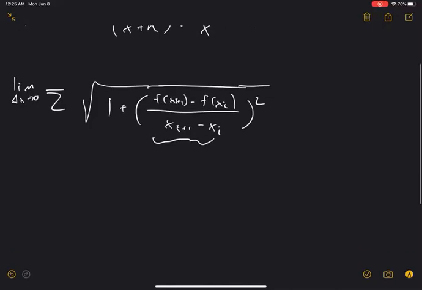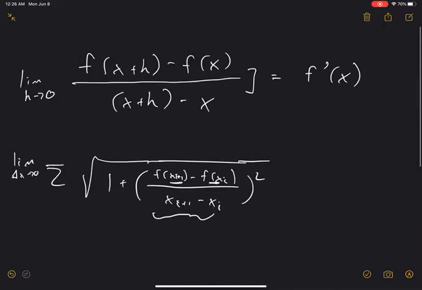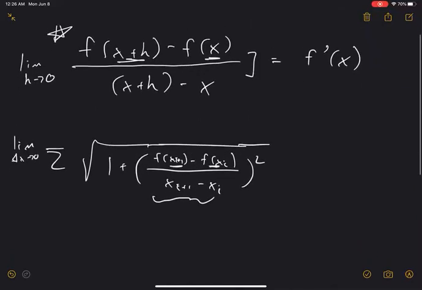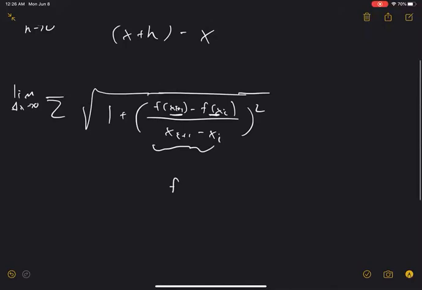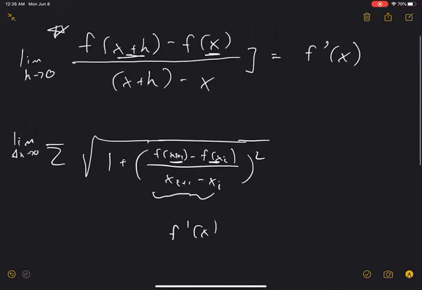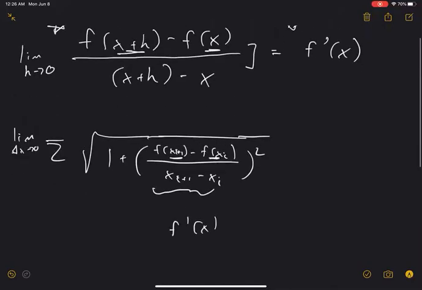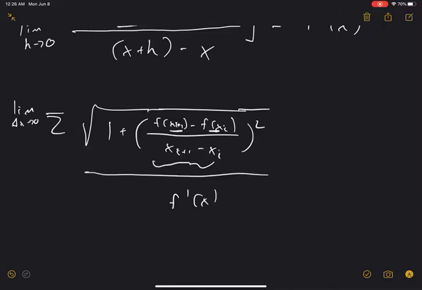If delta x is going to 0, that means the distance between these points is going to 0. So what should this become? This is just going to become f prime of x, just like in this expression up here. This term in parentheses becomes f prime of x, and then we're squaring it.